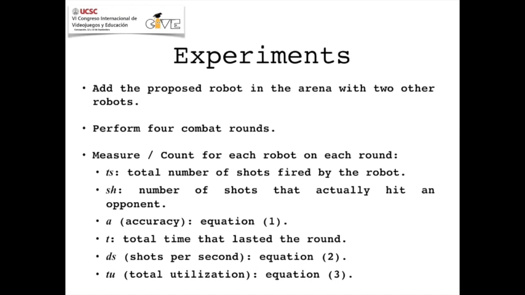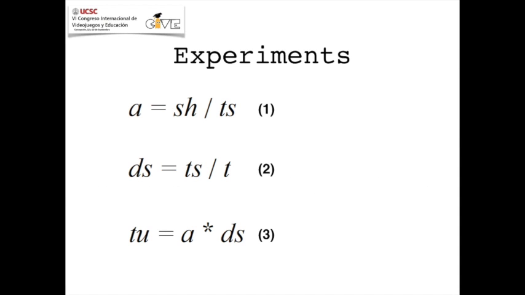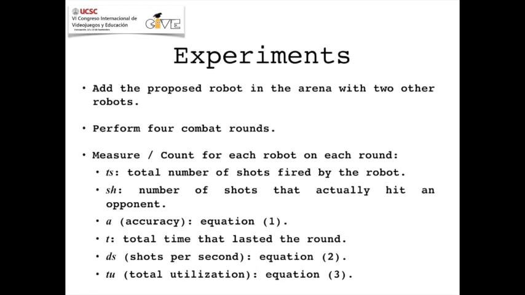The variables are TS, the total number of shots fired by the robot; SH, the number of shots that actually hit an opponent; and accuracy, given by equation 1. The accuracy is the shots that hit enemies divided by the total shots fired by the robot. Then we have T, the total time that the round lasted, and SPS, shots per second, given by equation 2.